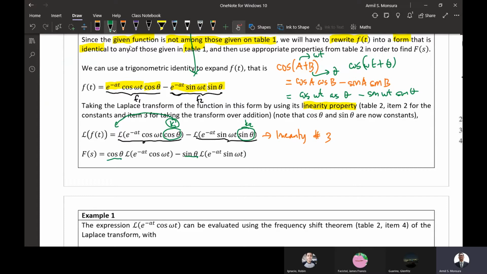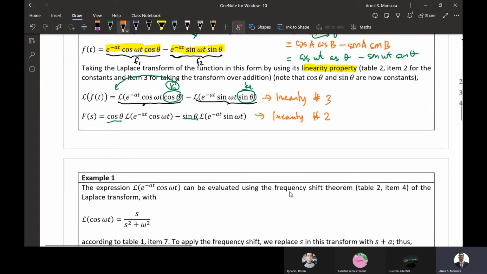So that's how we apply yung linearity ng scaling of a constant. Okay? Now, we now go to the part na kailangan natin ngayon yung Laplace form nito, yan at saka yan. Okay? The problem is, wala pa rin yan sa table 1 ninyo.